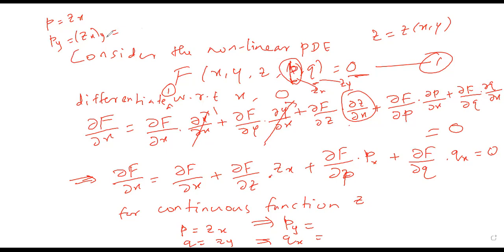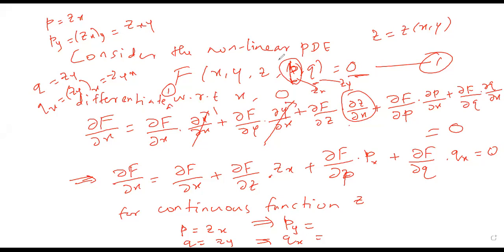So what is zx of y? Again, zxy, no? Similarly, if you think q is equal to zy, what is qx? So zy of x, which is equal to zyx. Is that correct? Yes.